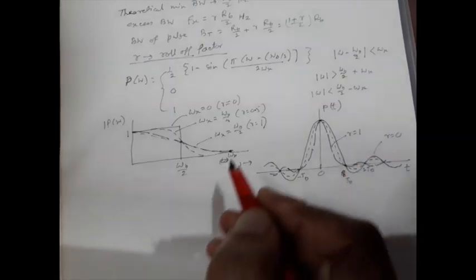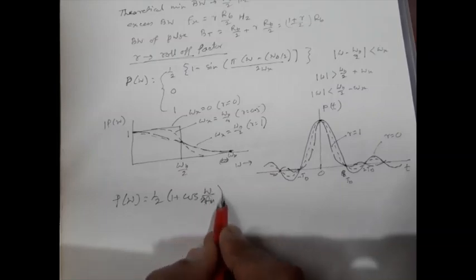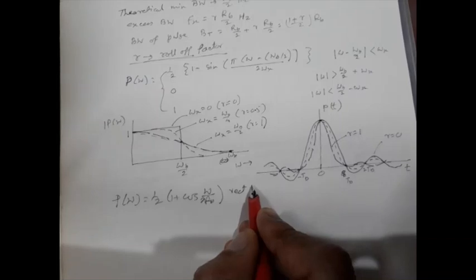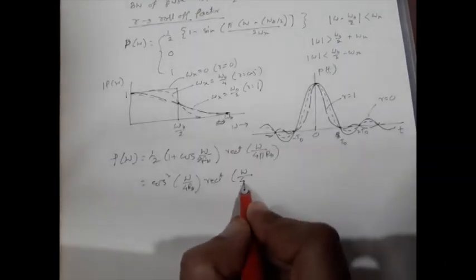For the case of maximum value of omega x, that means for r equal to 1, this equation may be written as 1 plus cos of omega by twice Rb, times the rectangular function of omega by 4 pi Rb, that is equal to cos squared of omega by 4 Rb times the rectangular function of omega by 4 pi Rb.